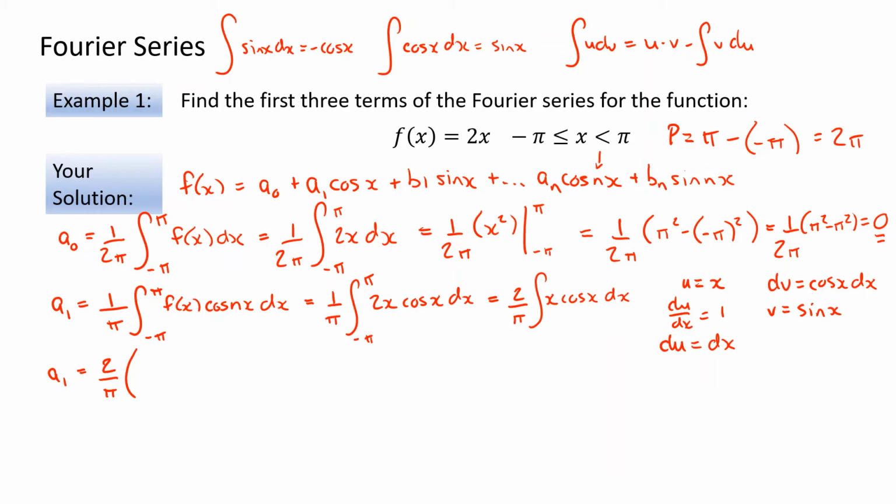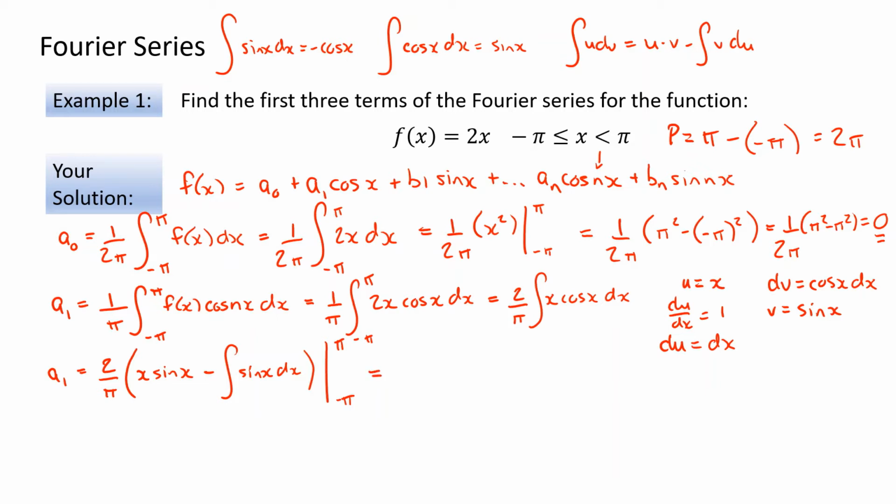So substituting that in, u times v is x sine of x, minus the integral of v times du, which is simply sine x dx. And remember, that's all going to be evaluated at pi and negative pi, both those terms. I didn't write in the bounds here, I just wrote it at the end to signify that both those terms have to be evaluated at that point.